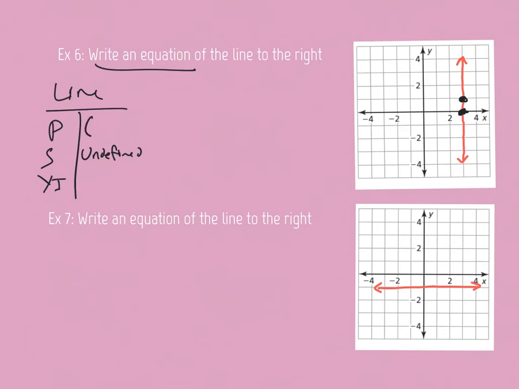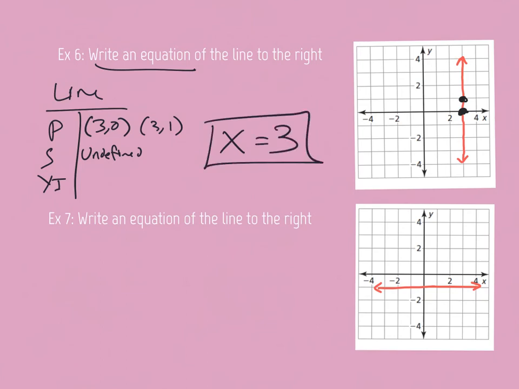None of them are y-intercept though, so I'd have to do this. That's 3, 0 is my first point, and then 3, 1. Oh, look at that. Both of the x coordinates are 3. Therefore, my equation is x equals 3, because this line has all x coordinates of 3.